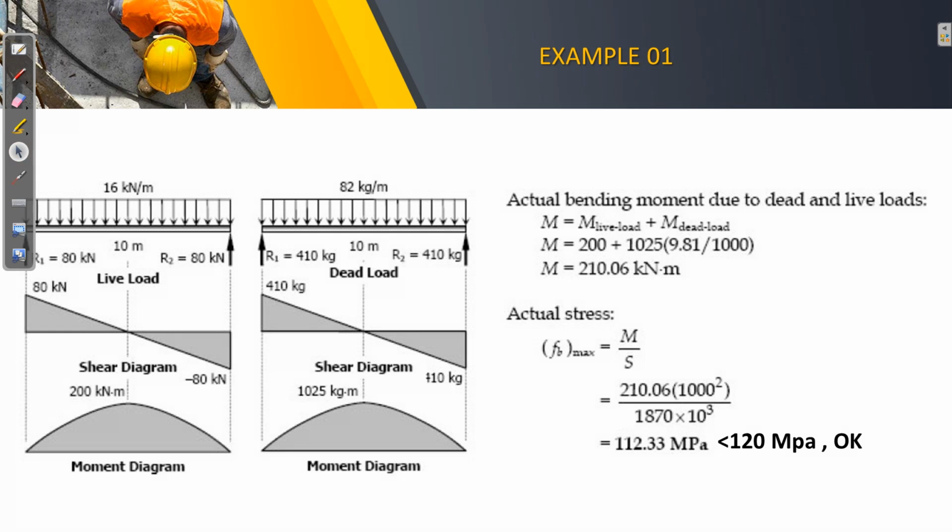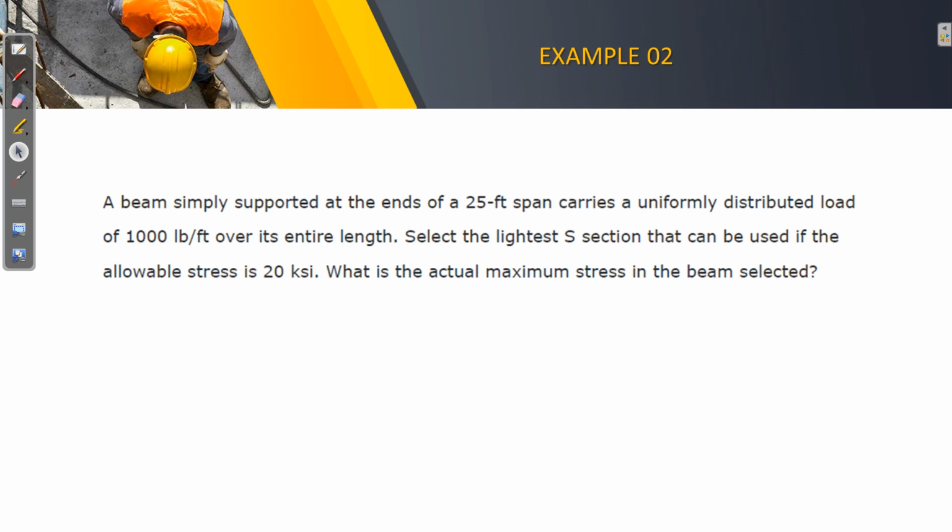So next, another example. We have a beam simply supported at the ends with a 25 feet span, carrying a uniformly distributed load of 1,000 pounds per foot over its entire length. Select the lightest S section that can be used if the allowable stress is 20 KSI.